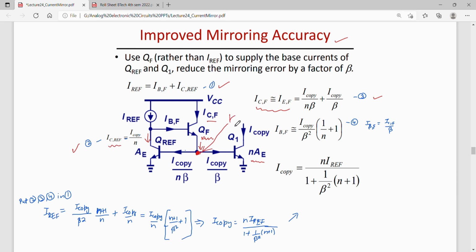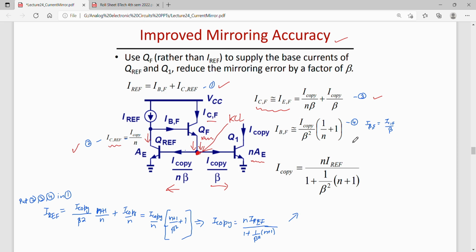KCL, so that is this current which is equal to ICF or IEF, so this is equal to this current plus this current. So ICF is I copy by N beta plus I copy by beta. So this is the third equation now.